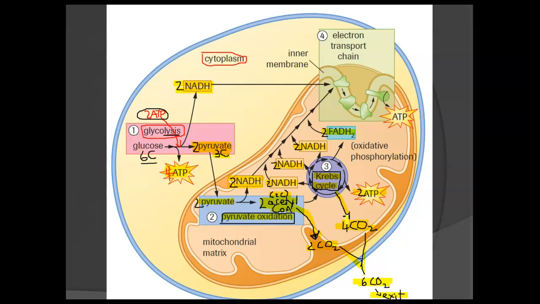When the dust is settled, we have created a net of 4 ATP. So we've used 2, but we've created 6. We have created 2, 4, 6, 8, 10 NADH and 2 FADH. Just like in photosynthesis, these NADH and FADH molecules are short-term energy storage molecules.